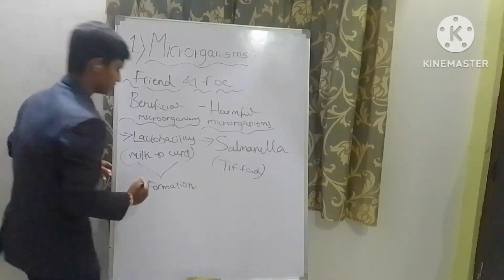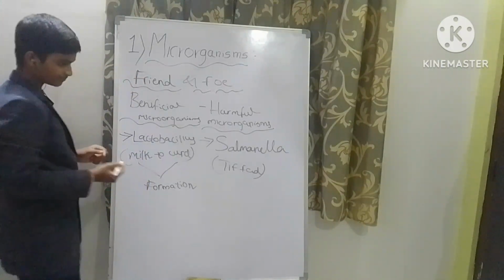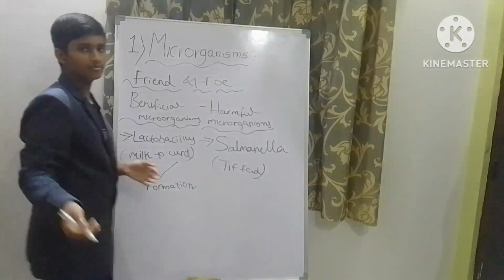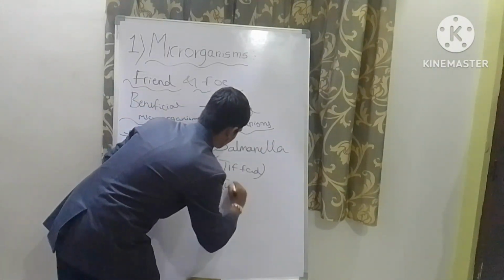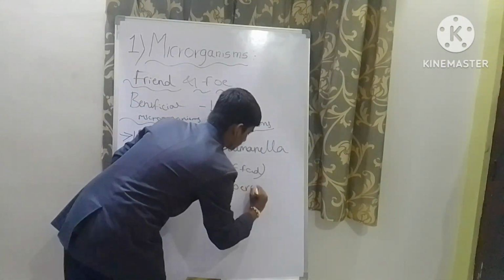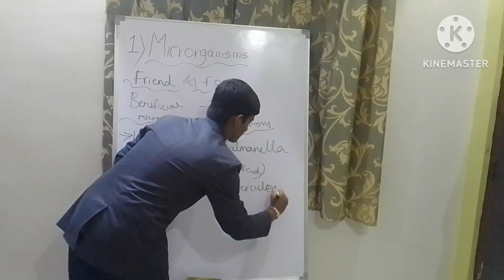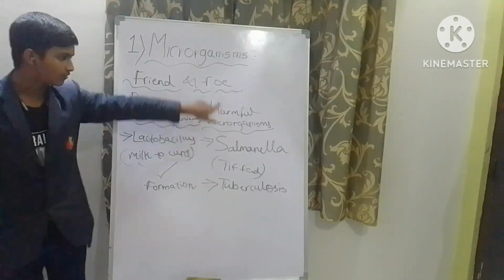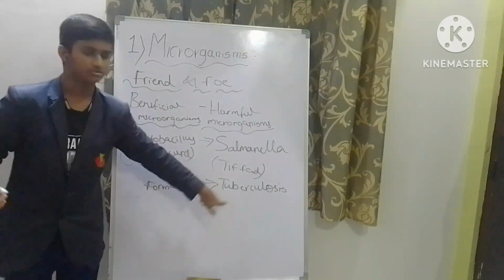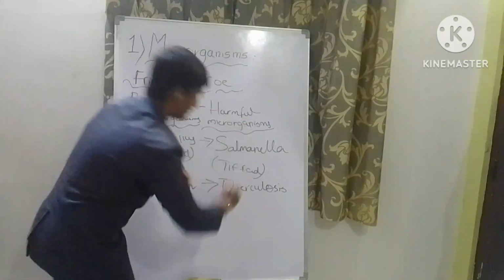Another example of a harmful microorganism is tuberculosis. This causes black lung disease.